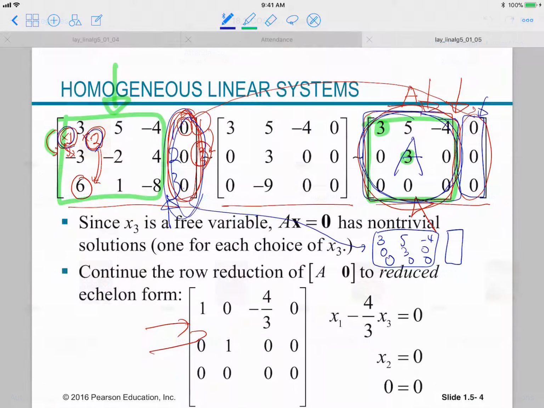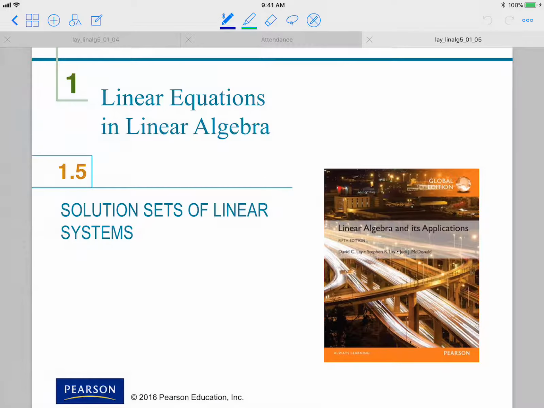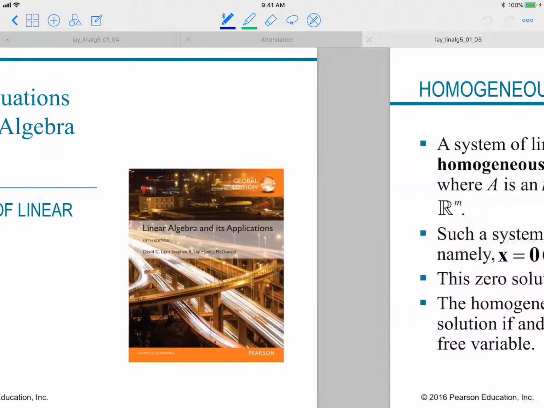Okay, so let's move on to the next chapter. The next chapter is about the solution set of a linear system.